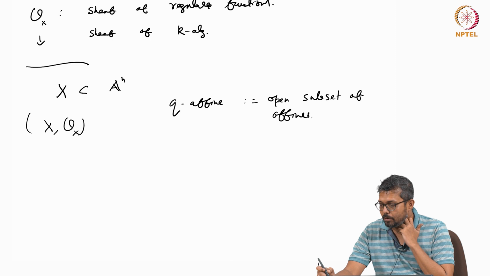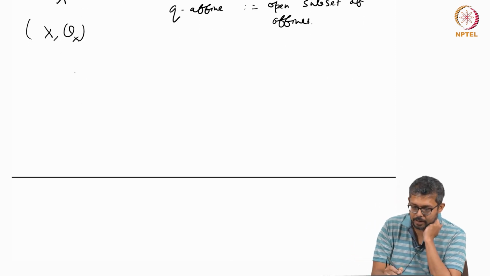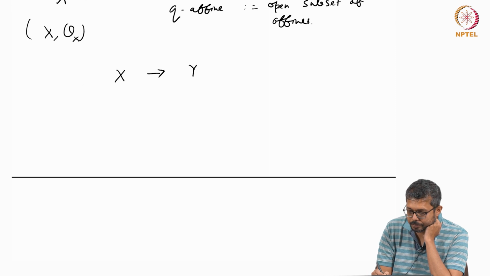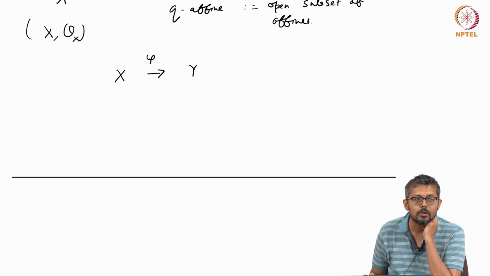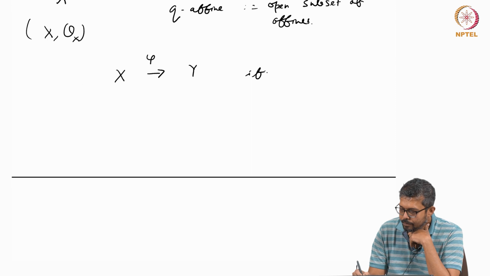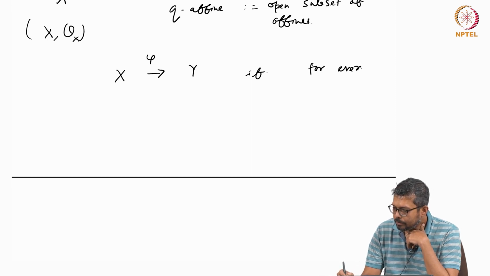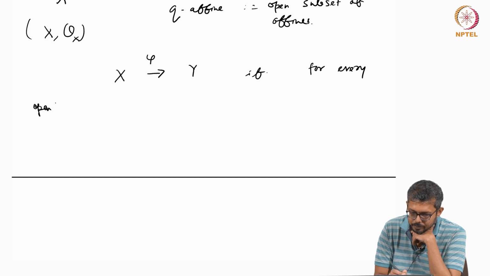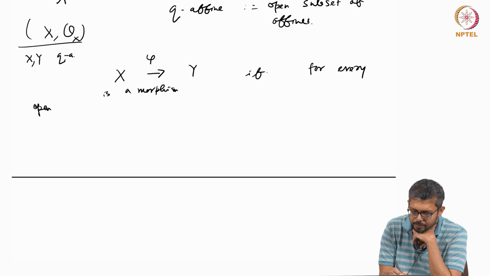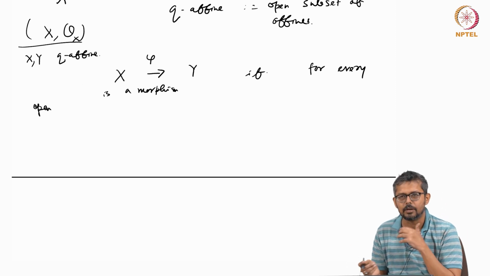But now the point is that if you have two affine varieties, say X and Y, when you define a morphism, you say phi is a morphism from X to Y. How did you define it? Assume X, Y are quasi-affine, it does not matter.